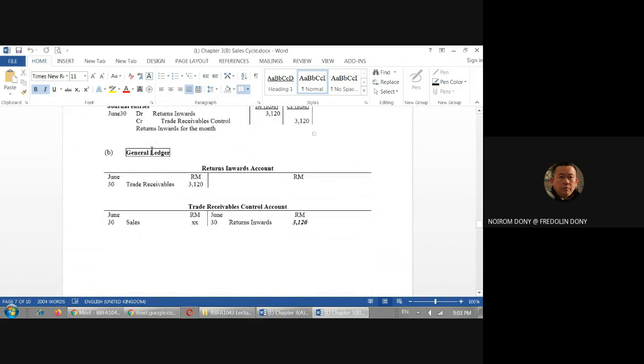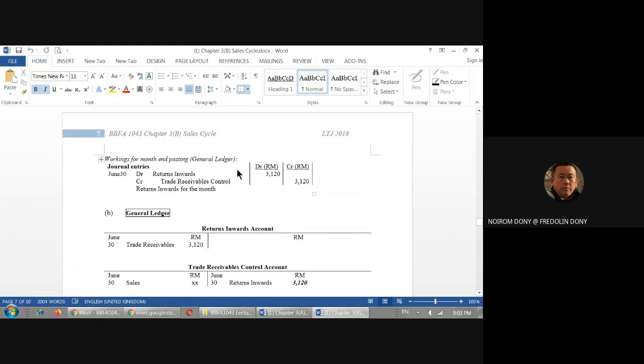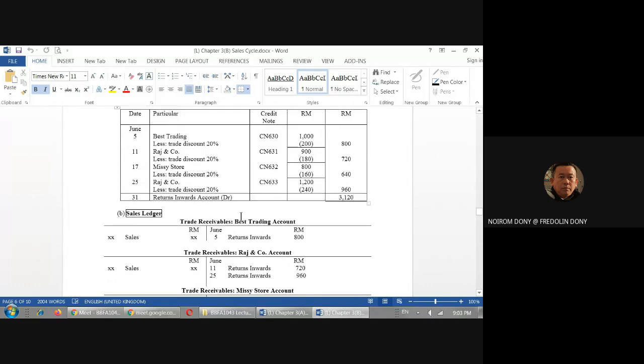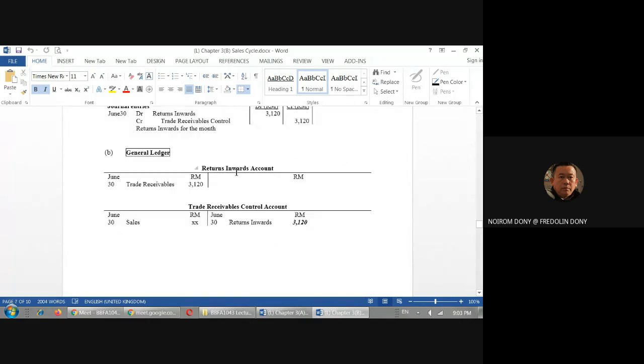So in the general ledger, this is the second step. By referring to the bottom part, the date must be the last day and the total amount. Open up return inward and trade receivable control account. So we follow according to what is written: debit return inward.